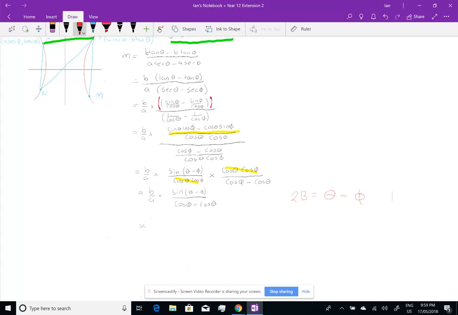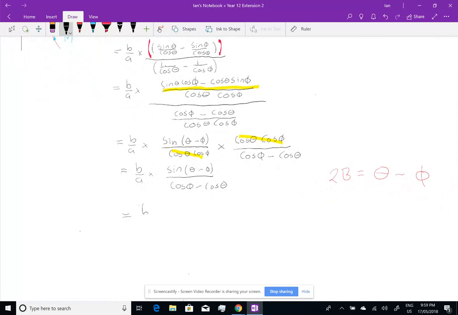And later on we're going to go, well, b equals theta minus phi on 2. All right, so that means here on top, I've got my B on A hanging out the front, leaving that alone, and I've got sine theta minus phi, which is the same as sine 2b.